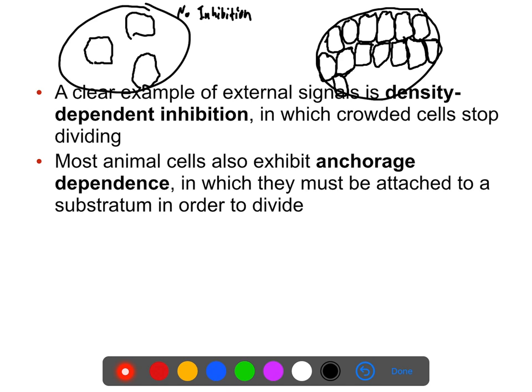In this case, what you get is density-dependent inhibition, which is when cells are bumping into each other, that sends a signal that there is no room to grow.